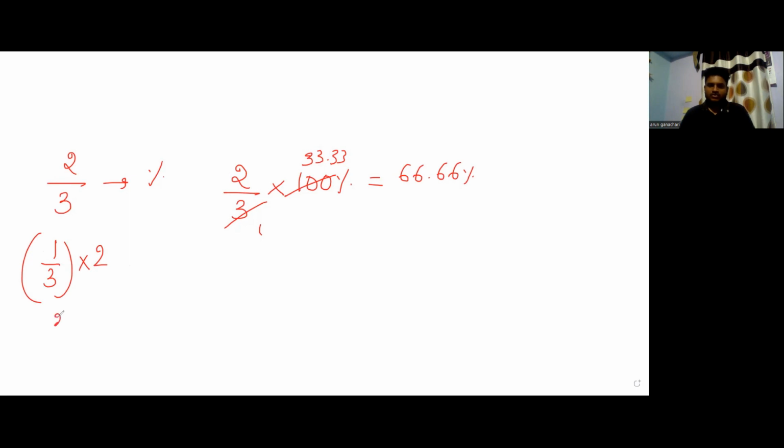So 1 by 3 is 33.33, into 2 is 66.66. If you learn that table by heart properly, you will reach the number directly. Understanding this is required because we should be ready for the multiples of this table.